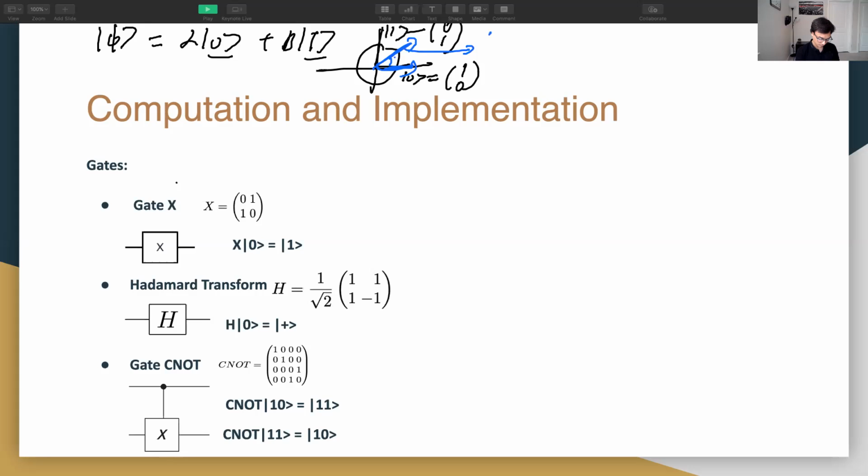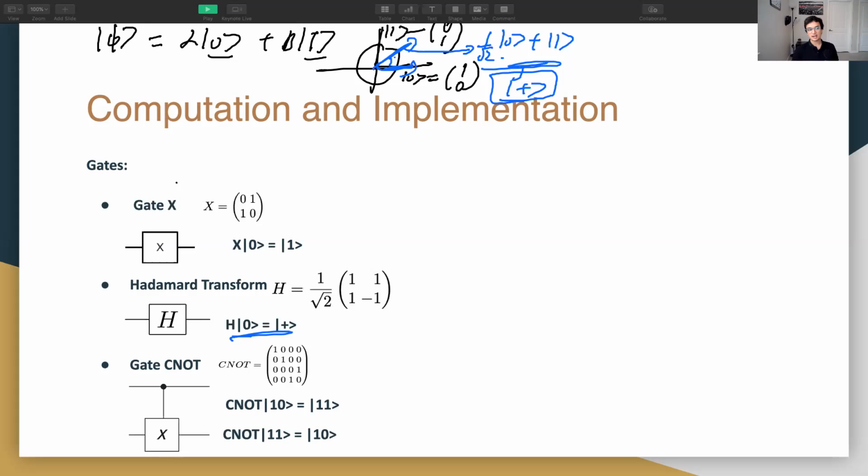So this will become 1 by root 2 times 0 plus 1, and this is what we call the plus state. So this will transform my 0 state to the plus state, or 1 by root 2 into 0 plus 1.